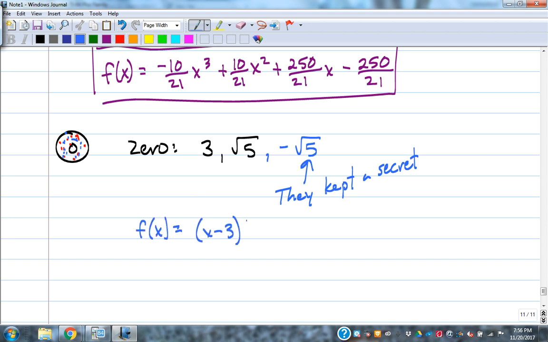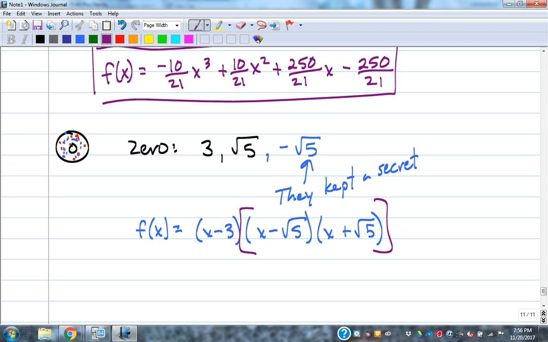x minus 3, x minus the square root of 5, x plus the square root of 5. Always multiply your stuff with the square roots together with each other. The reason you want to do that is because the square roots will go away.